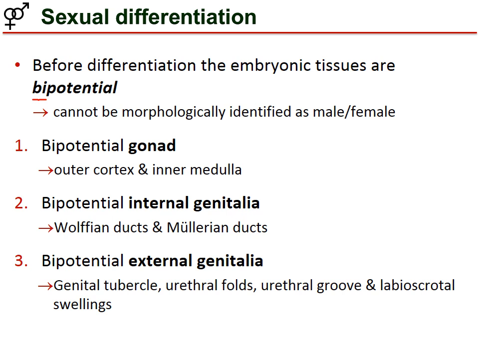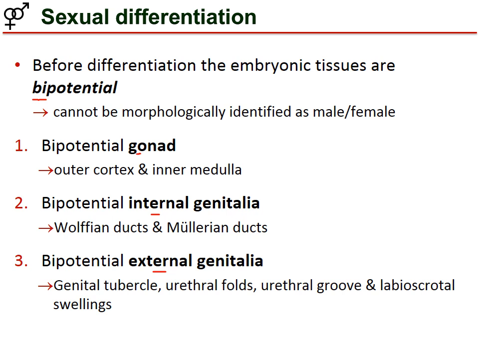So up until week 7, the gonads, the internal genitalia, and the external genitalia still have a dual ability to either become male or female structures. And all of this, the differentiation, is driven by the sex chromosomes.